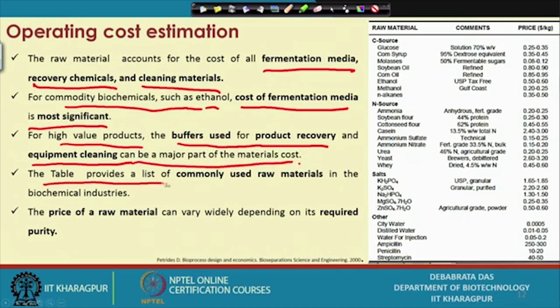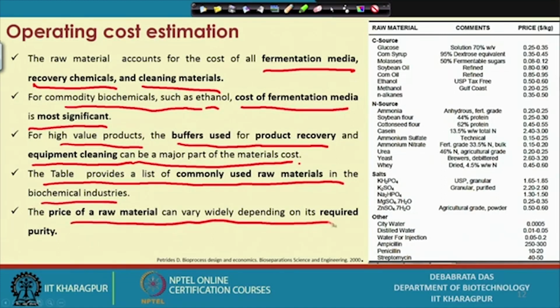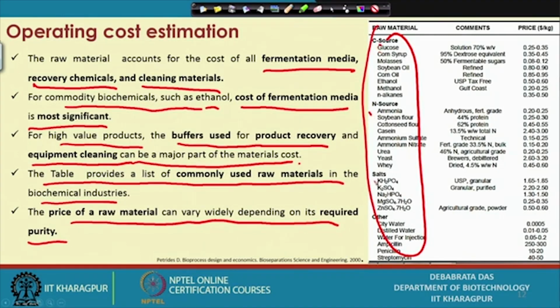The table provides the commonly used raw materials in the biochemical industry. The price of the raw materials can vary widely depending on the required purity. So, these are the raw materials that we have. We have carbon source, nitrogen source and other materials, and this is the different concentration that we use, and this is the price, how much price is contributed per kg of product formation, that has been given here.